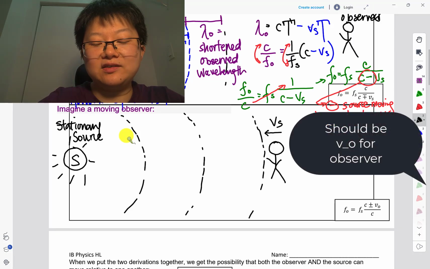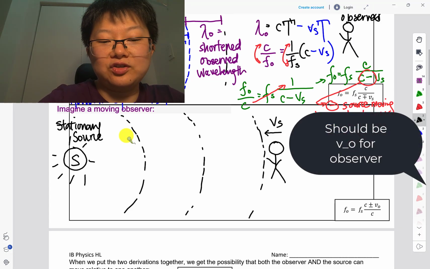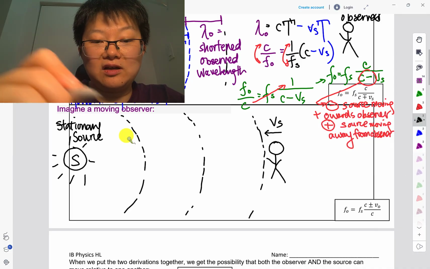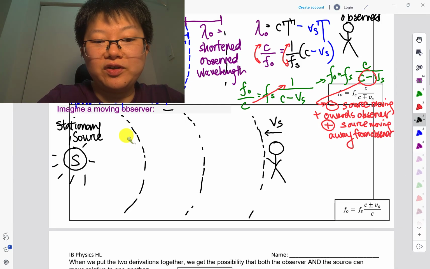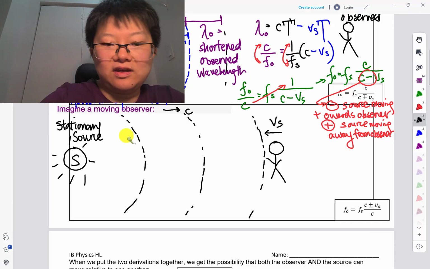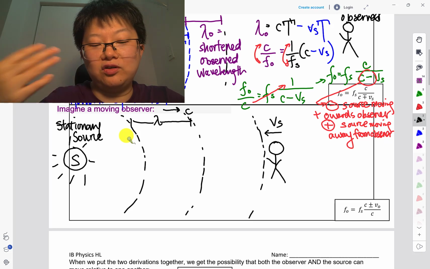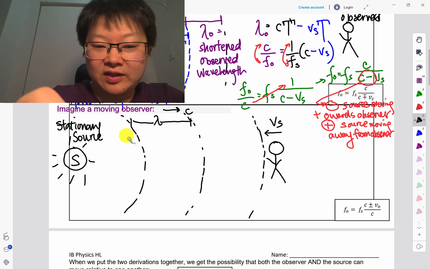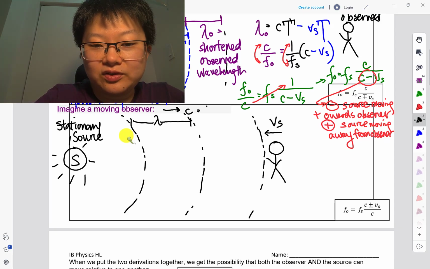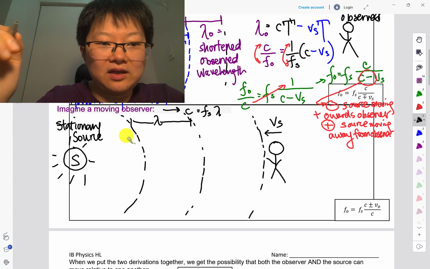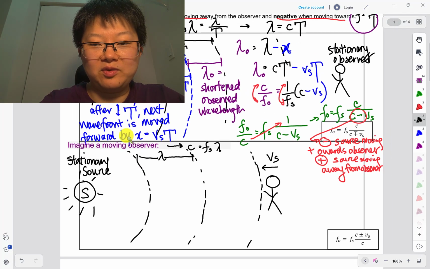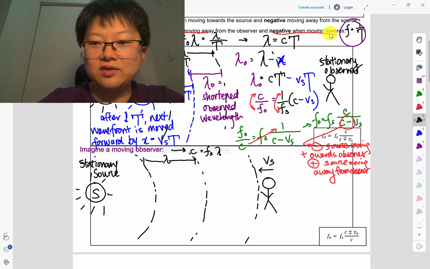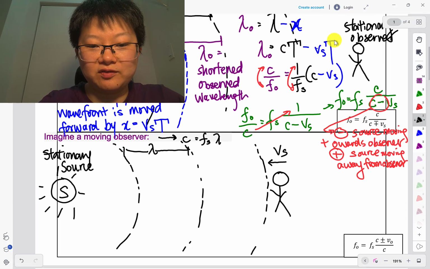The observer is moving with speed Vo. Before we start, just to label some things, the original wave is moving with speed c, and here we have the wavelength. That's the original wavelength of the source. Also in the previous video, but again, I'll do it again as well. We know c is equal to the frequency of the source times the wavelength. And we also know from the previous derivation that the frequency is the inverse of the period.